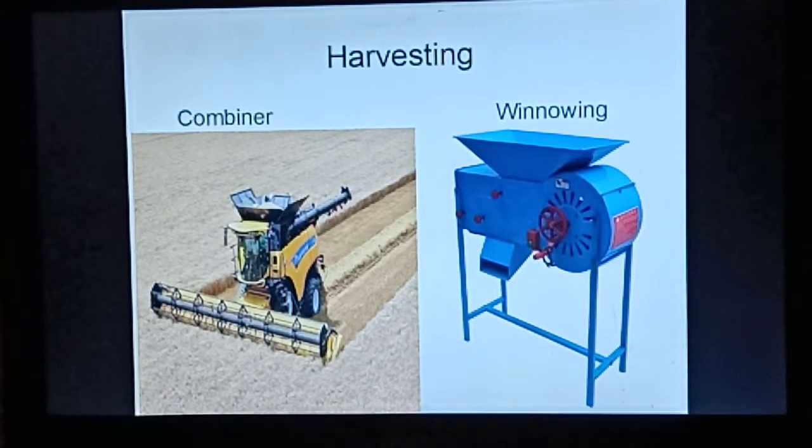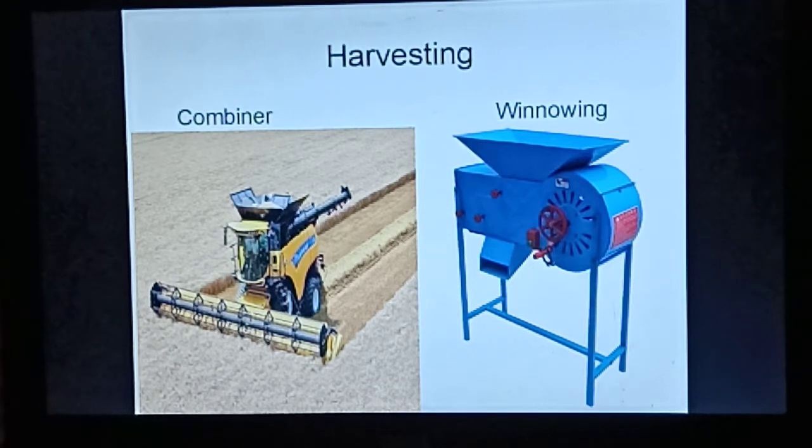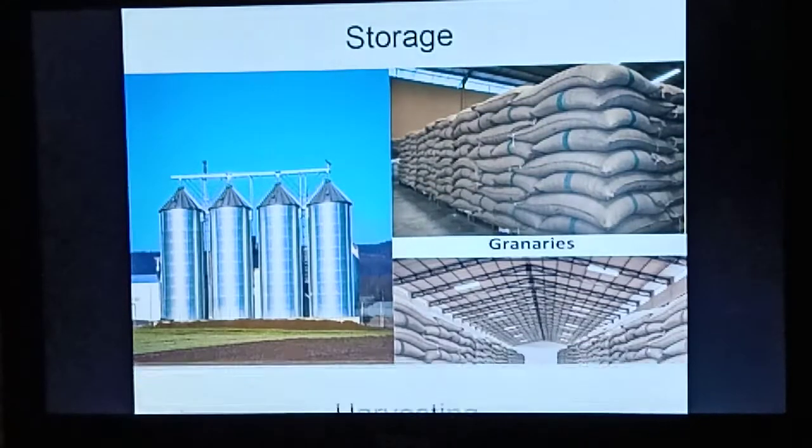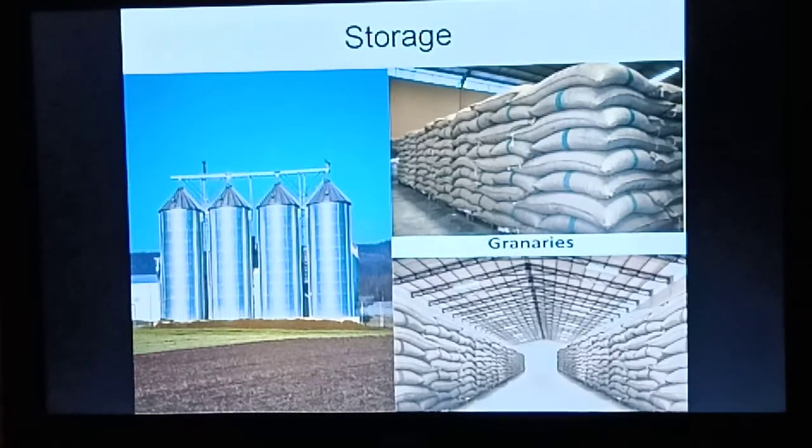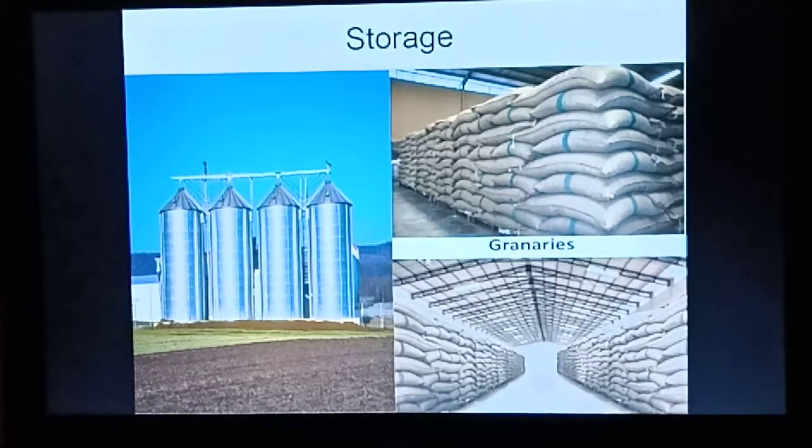We can use a winnowing machine also for harvesting, and we cut our crops when they are ready, when it is very essential to cut them, so we cut with a sickle also. Now we come to storage. You can see here some silos.